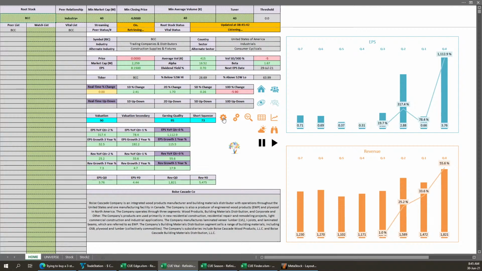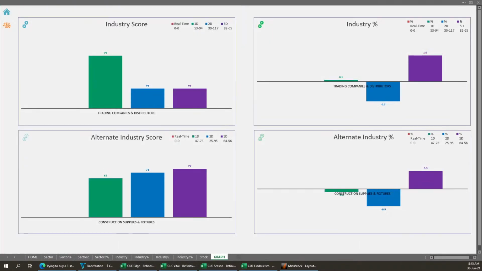Now let's look at its industry, trading companies and distributors using Edge. Using the graph, I can see instantly that the relative score is holding steady and going up.